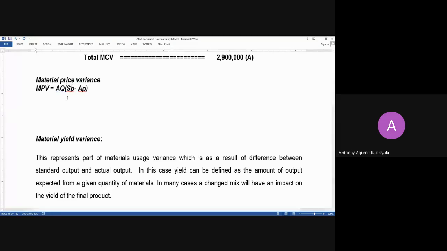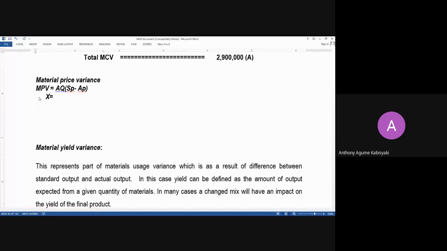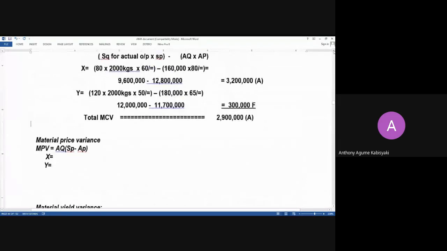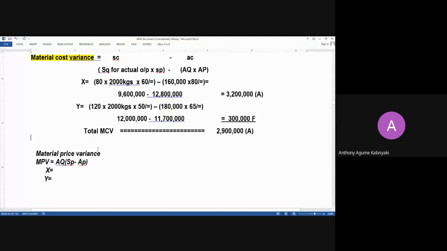SP minus AP. So I have material X, then I also have material Y. So the actual quantity for material X is what? Actual quantity for material X is 160,000 units into the standard price, which is 60, minus actual price, which is 80.